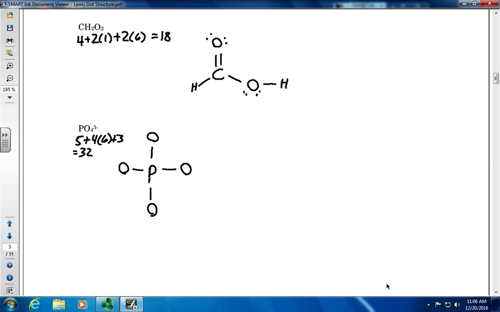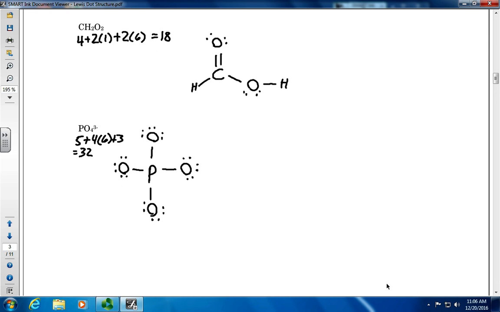Now, if we were to have these singly bonded and we were to assign the lone pairs, it would seem like we're done because you would have 6, 12, 18, 24 plus 2, 4, 6, 8.